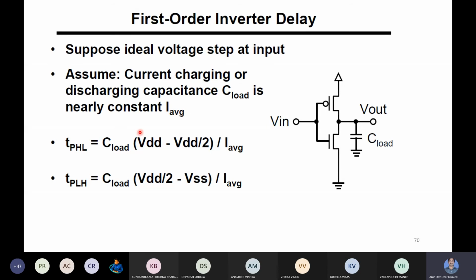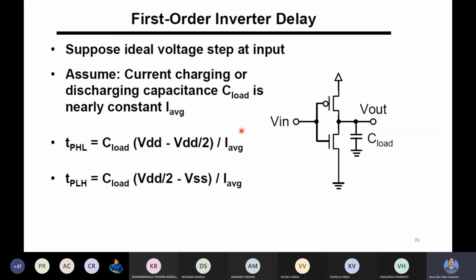So TPHL: in TPHL the output is going from high to low, and we consider the 50% point. TPHL can be calculated with the help of C load. I is dq by dt.